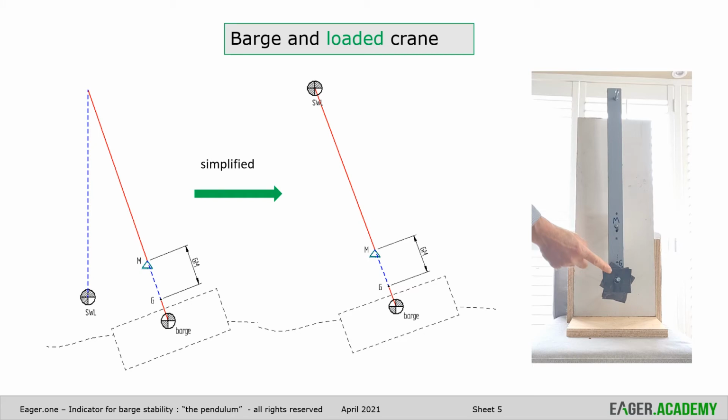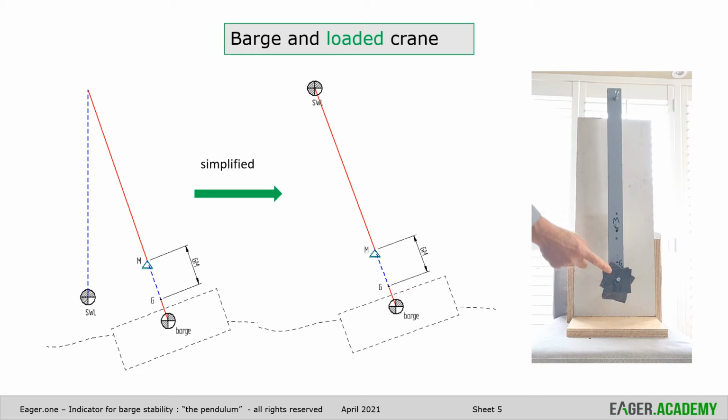In this sheet, the test setup will be used to explain what happens with a loaded crane on top of a barge. In the sketches, you see at the left side a load hanging on top of the crane.